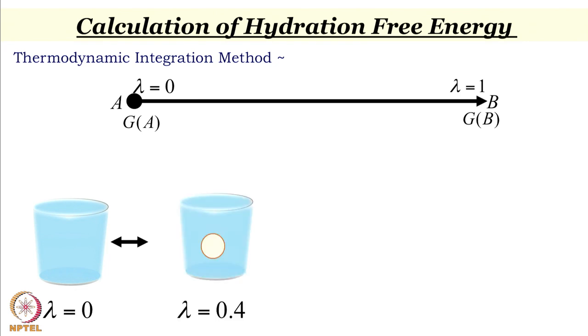When lambda is a small value, here we have shown 0.04, but I will actually put 0.01 or 0.1. When I put lambda equal to 0.1, the entire interaction is not turned on. Only if it is 0.01, only 1% of the interaction is turned on, and when 1% of the interaction is turned on, this 1% interacts with the rest of the solvent and slowly aligns that solvent in a favorable arrangement.